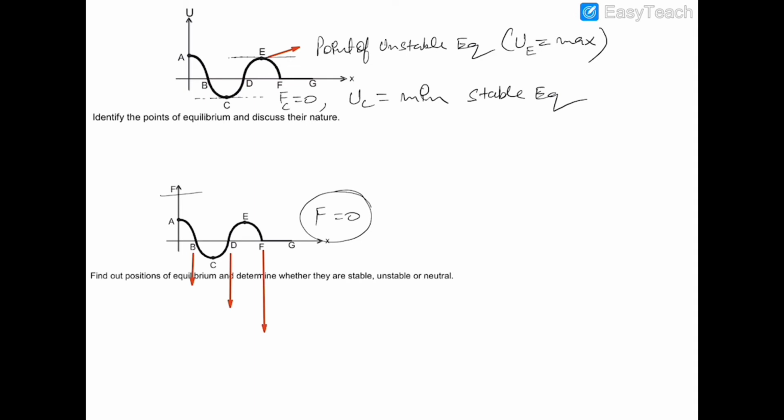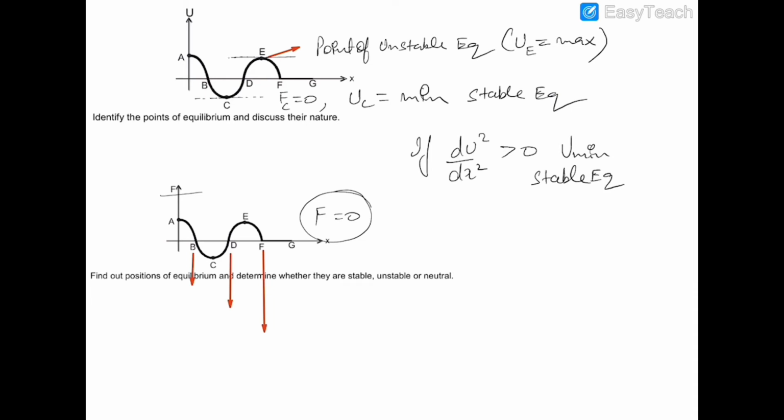Now we know that if d square u by dx square, the double derivative of the potential energy function, is greater than zero, then the potential energy is minimum at this point, and this is the position of a stable equilibrium.